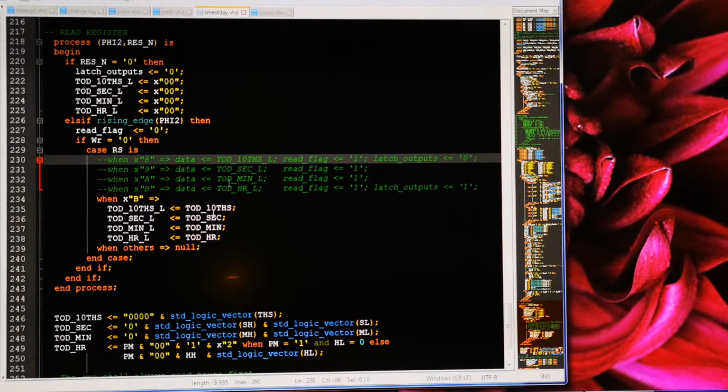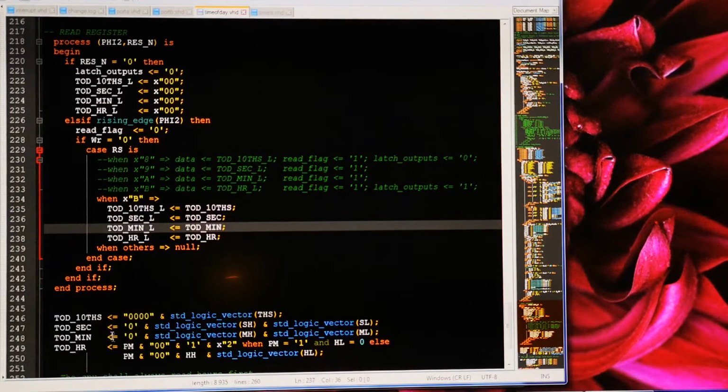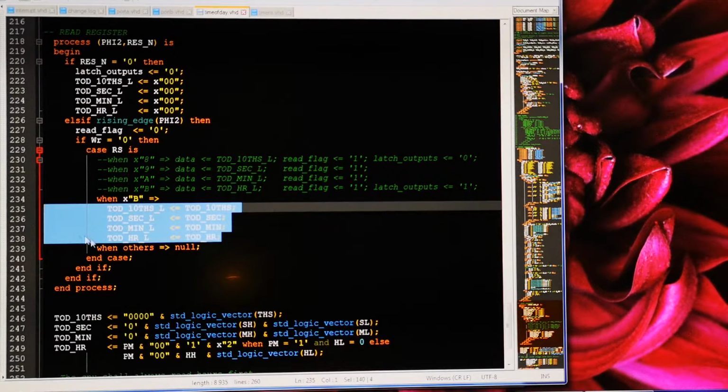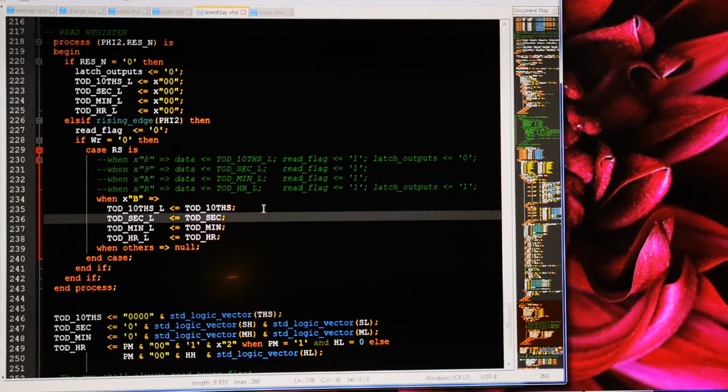So in this process, I'm basically just latching whenever we get a read hour, and all the others I have disabled. You can see I made some functions here to make it a bit easier, so I don't have to have all this mess inside this process. I'm making these values to latch down.